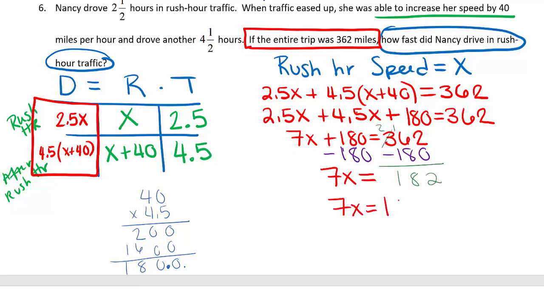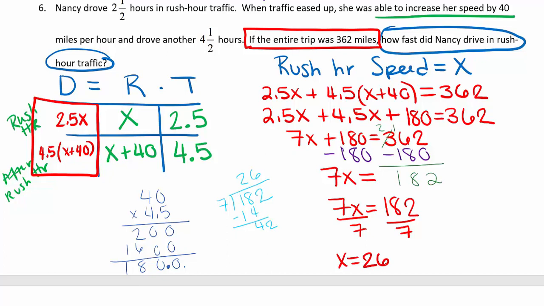So 7x equals 182, and then I'll divide both sides by 7. 7 goes into 18 two times, remainder of 4, and 7 goes into 42 exactly 6 times. So x equals 26, and in this problem, let's see, how fast did she travel in rush hour? Oh, that's all they're asking us for is the x, and so in rush hour, she must have been moving at a rate of 26 miles per hour.